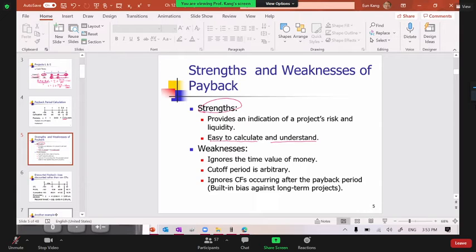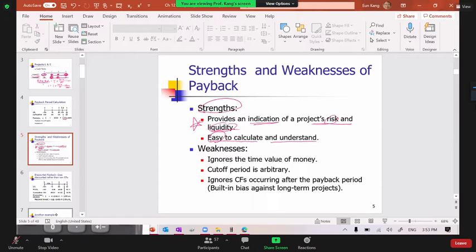Uncertainty means what? Risk. So payback provides an indication of a project's risk, and also liquidity, because the shorter the payback period, the more liquid, right? So it's a good indication of project risk and liquidity. This is better than this one these days. Why? Because of technology.